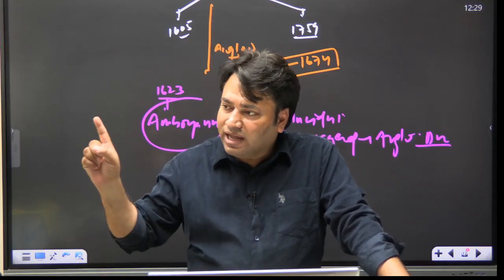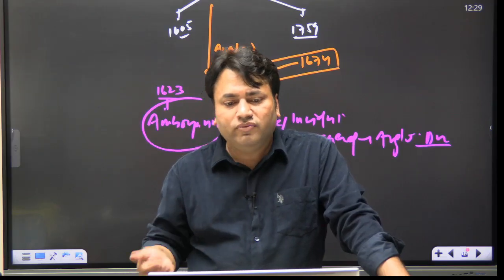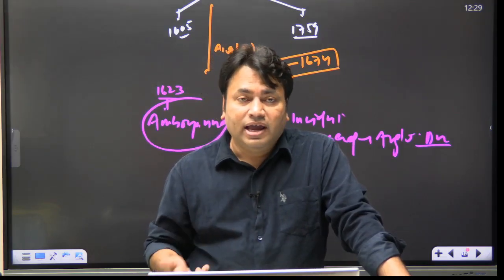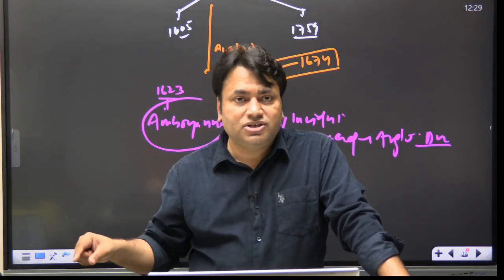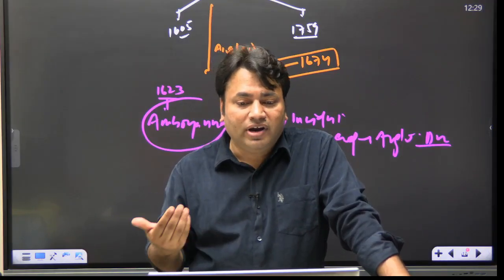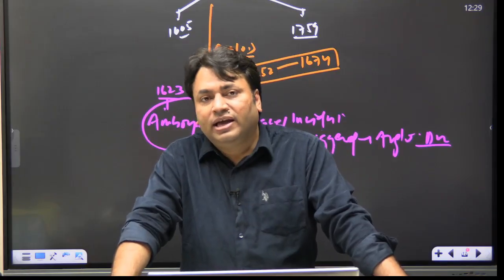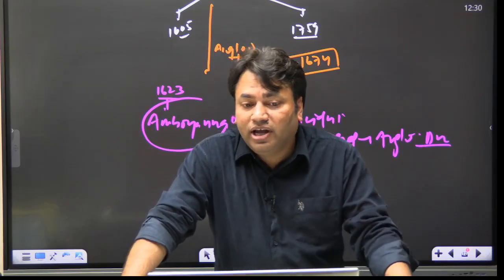But the English are saying that no, this allegation is not true, we were not trying to do the same. And what the Dutch has done with the English traders, it is a massacre, it is a kind of anti-human act, and we will give a fitting reply of this Amboyna massacre.